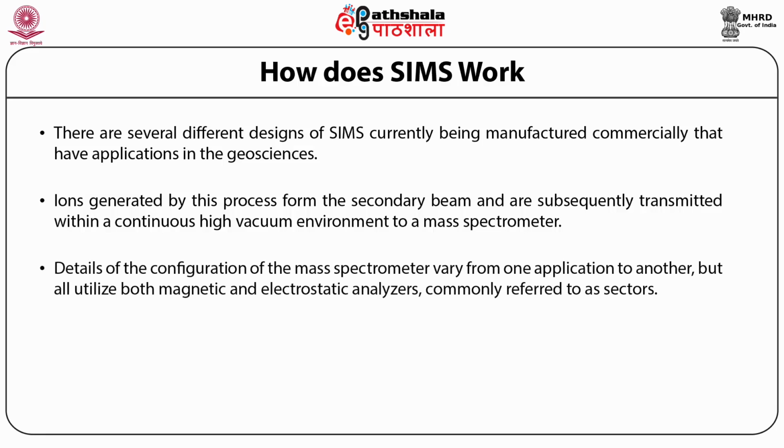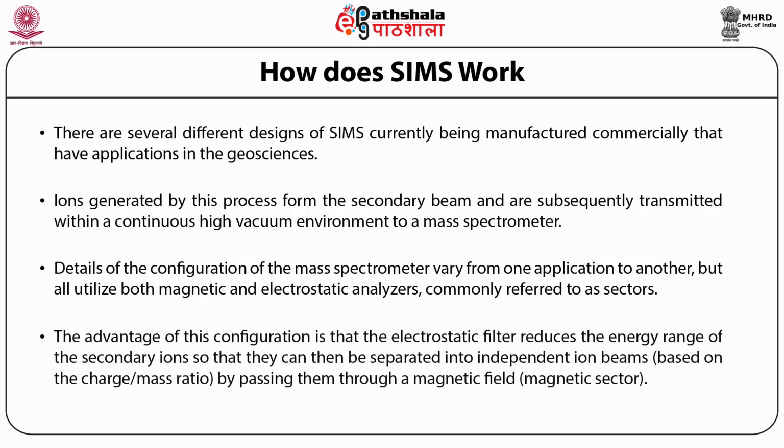Details of the configuration of the mass spectrometers vary from one application to another, but all utilize both magnetic and electrostatic analyzers, commonly referred to as the sectors. If the electrostatic analyzer or sector precedes the magnetic sector, the design is referred to as forward geometry.